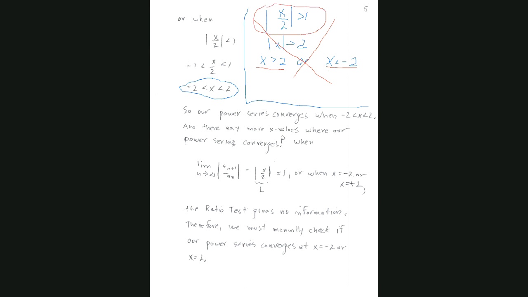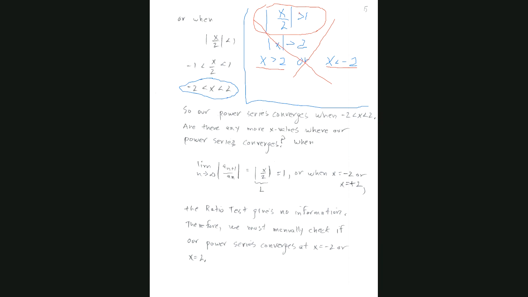So even though our power series behaves like a geometric series when n gets large, the values of x such that the absolute value of x over 2 is greater than 1, our power series won't converge for those values of x.